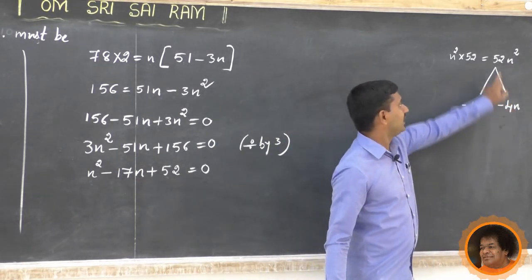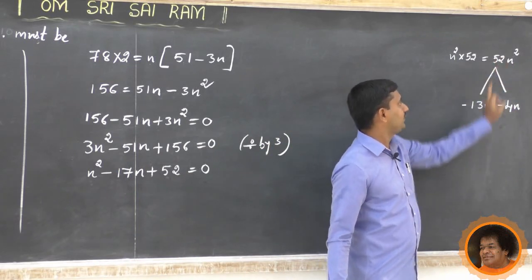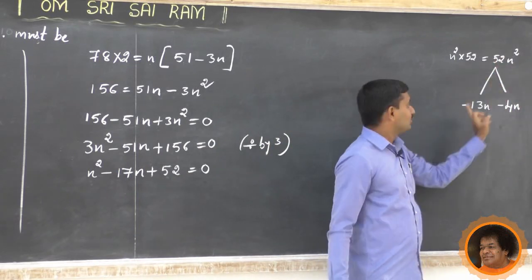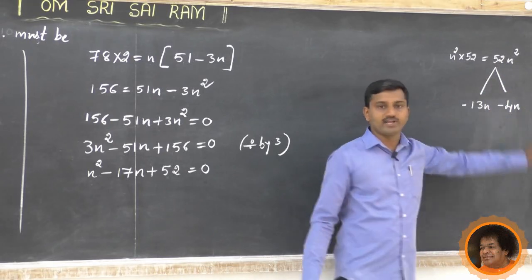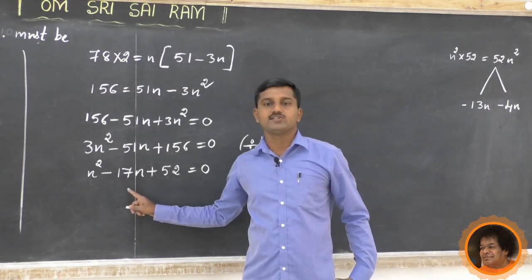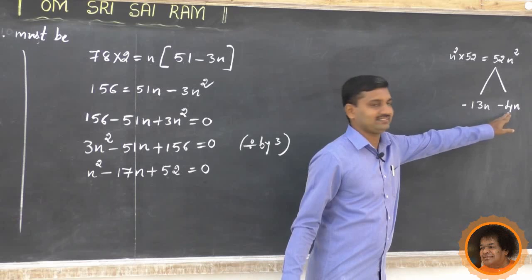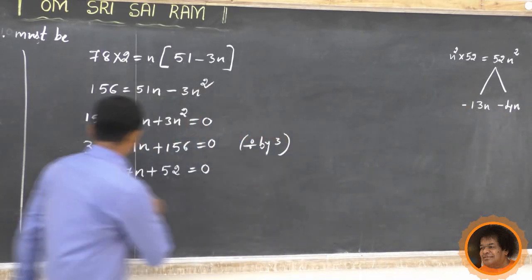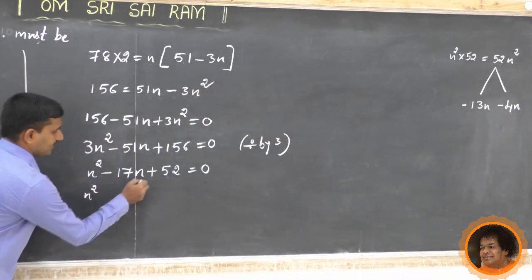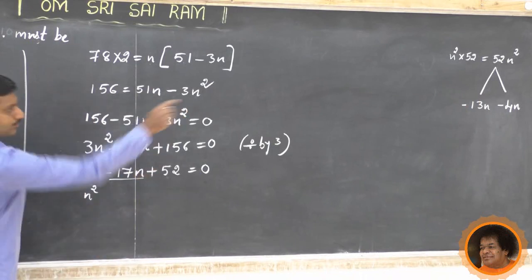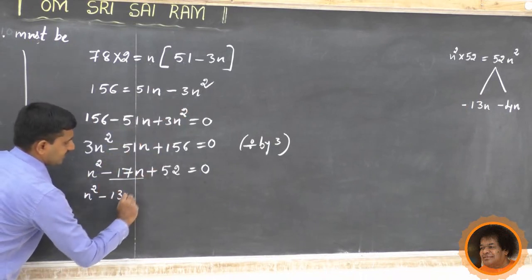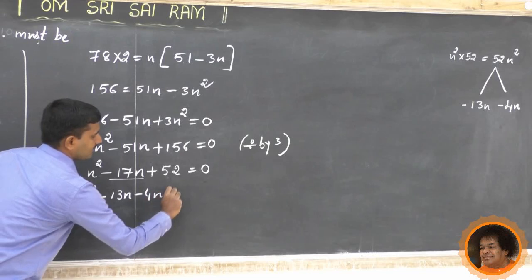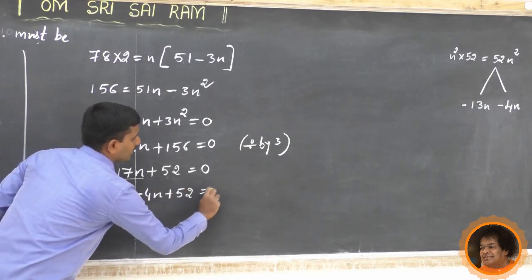Minus into minus is plus, 13 into 4 is 52, n into n is n square. So minus 13n minus 4n, their sum is minus 17n. So these are the factors. Now, instead of minus 17n, substitute the values: n square minus 13n minus 4n plus 52 equal to 0.